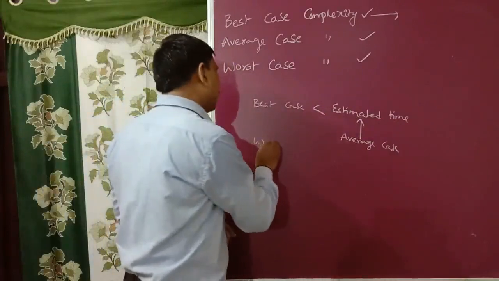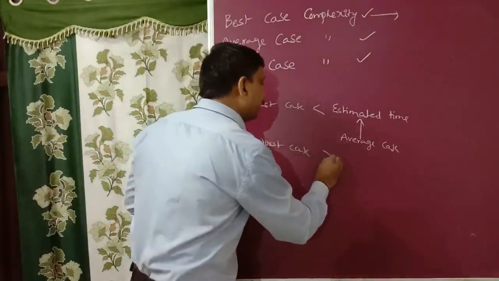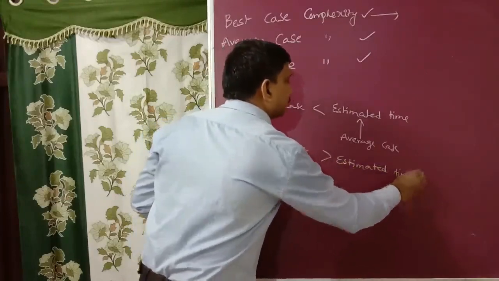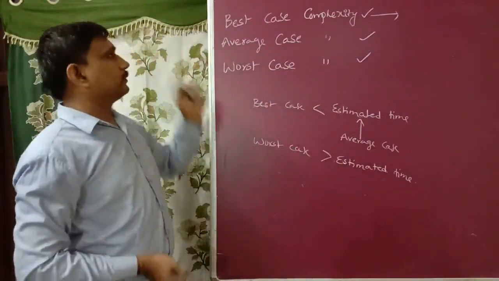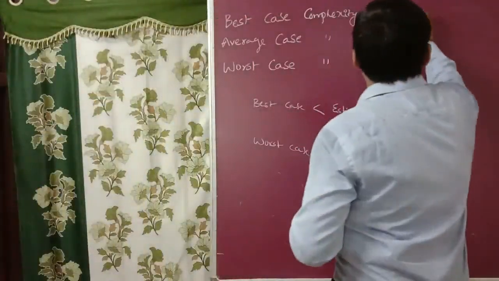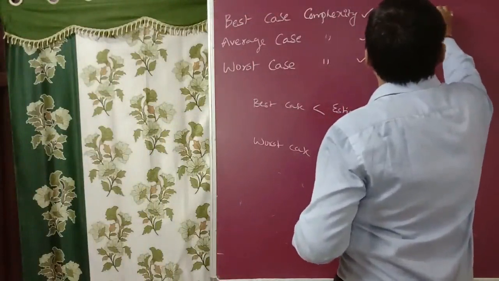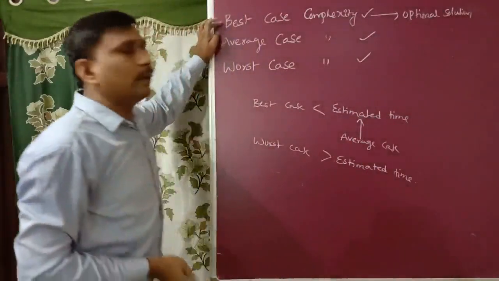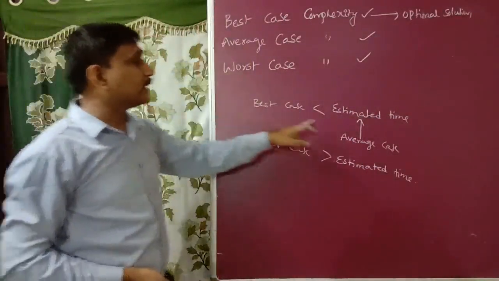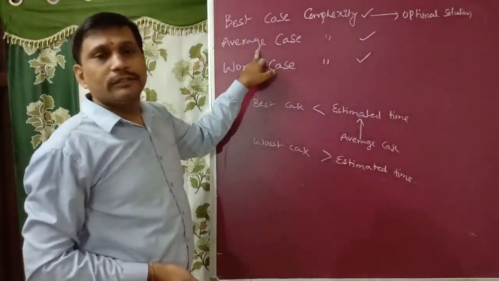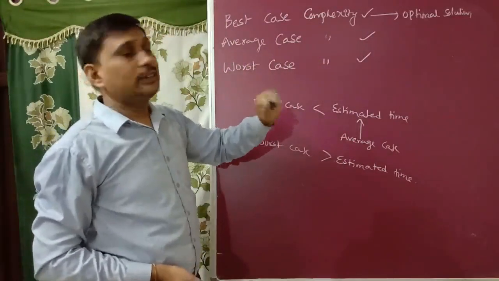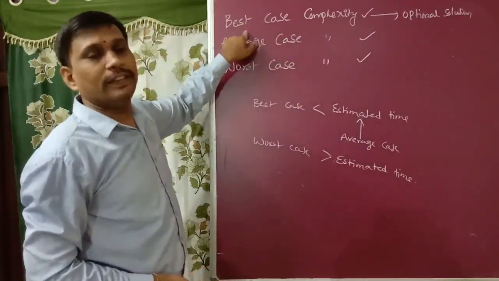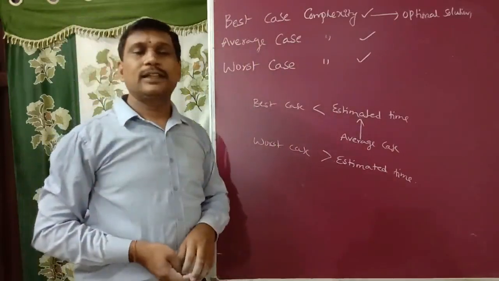Worst case is always greater than the estimated time. Best case is also called the optimal case, the optimal solution. It always returns an optimal solution. Why? Because for every program we require some estimated value, and the best case complexity value is always less than the average case complexity value.